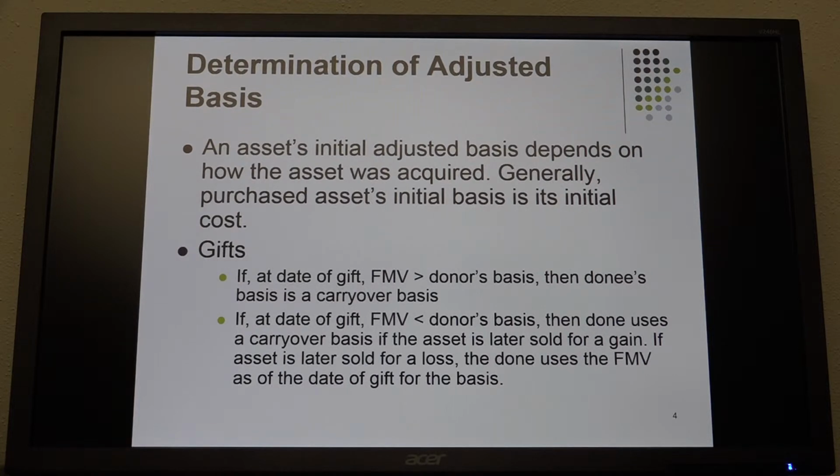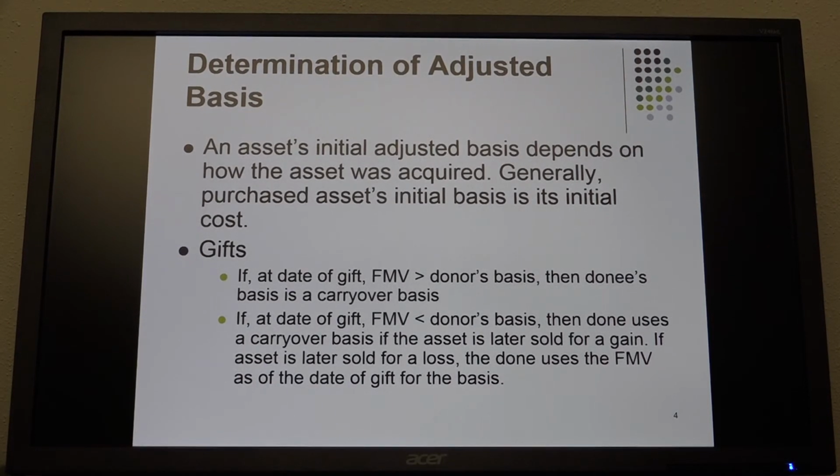It could be through gift, it could be through inheritance, you can also convert personal use property to business property. So what's the basis in those types of assets? Because we talked about the basis for something that's purchased.